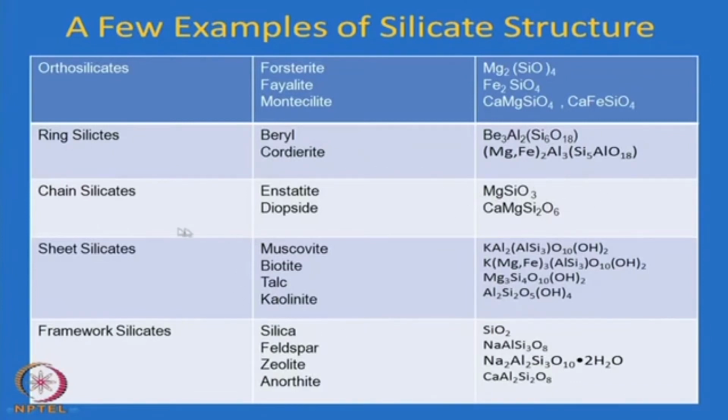Okay. Now, we have then chain silicates, ring silicates, and this chain silicate is another magnesium silicate. It is this one.